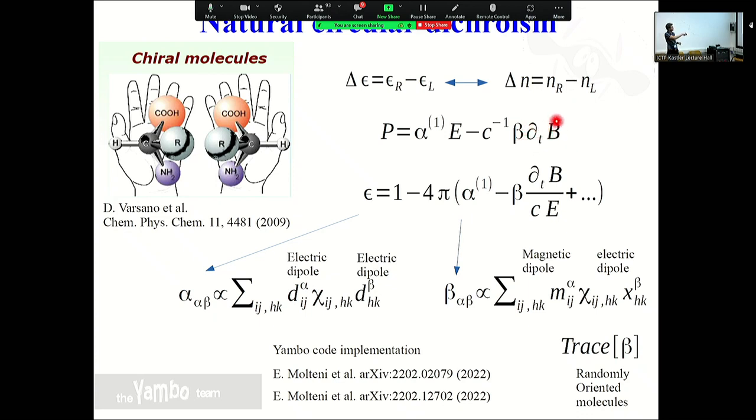So if you take this expression, you have an extended definition of your dielectric function, where you have the standard alpha, so the standard dipole response function, and then there is this extra beta, where you have this magnetic dipole, electric dipole response function, and this is the one which is giving, for example, dichroism in isolated systems.